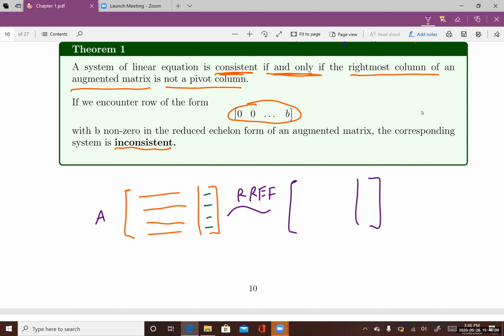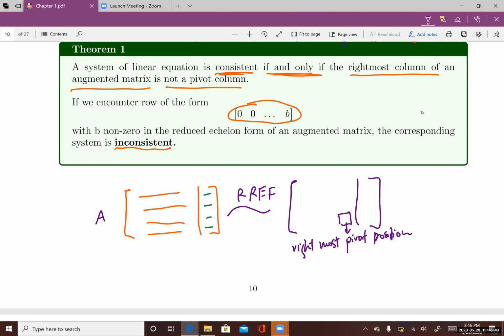The system will have at least one solution if the rightmost pivot position is not in the rightmost column of an augmented matrix.